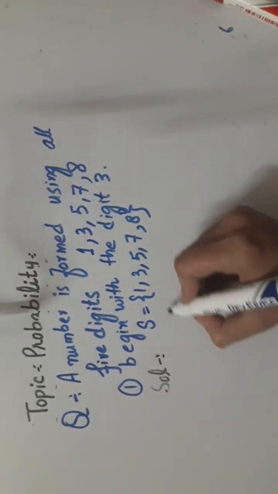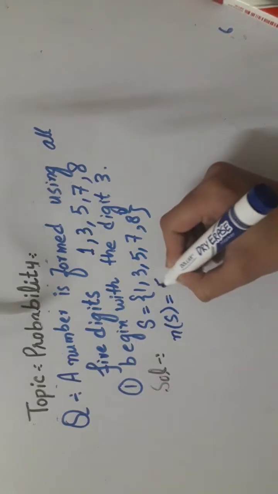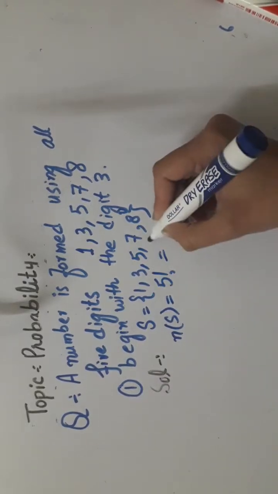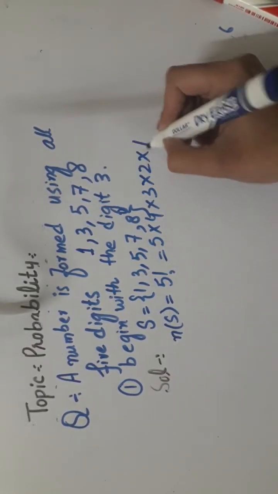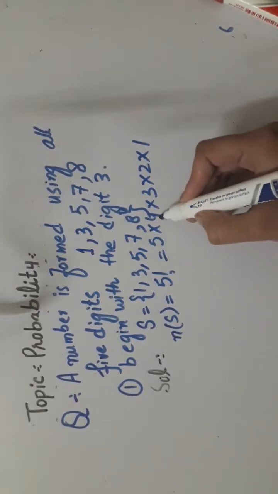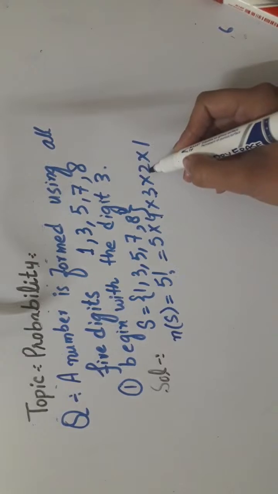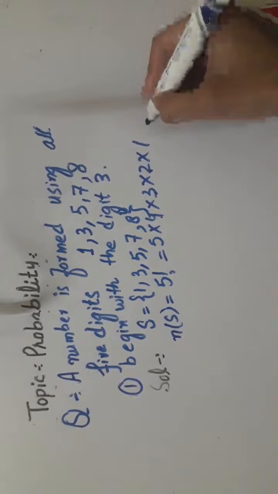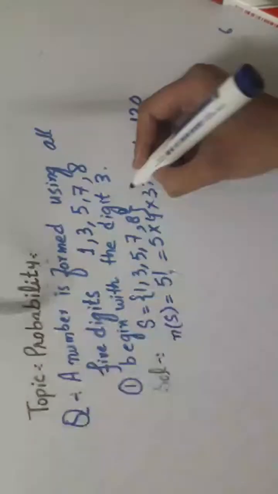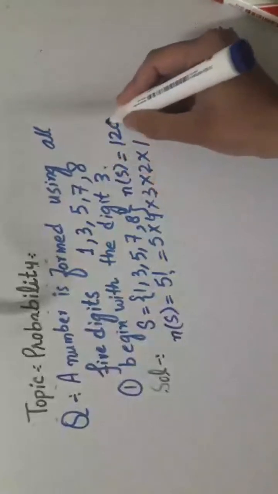So the permutation of this will be equal to 5 factorial. That means 5 multiply 4 multiply 3 multiply 2 multiply 1. 5 into 4 is 20. 20 into 3 is 60. 60 multiply 2 is 120. This is our sample space. The number of elements is 120.